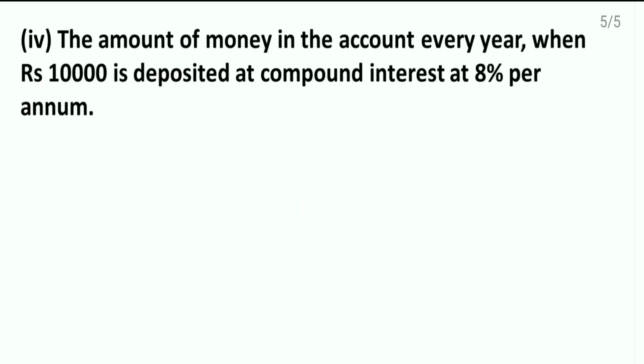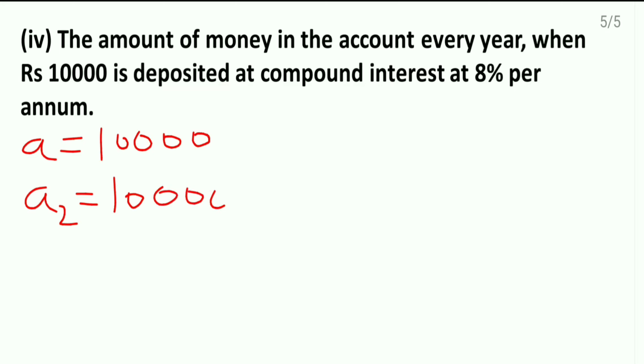The amount of money in the account every year when rupees 10,000 is deposited at compound interest at 8% per annum. In the starting we are having 10,000 rupees. Here 10,000 I am writing here. Right? Now at the end of the year, that means the second term, according to the 8% we will get the interest. So plus here 8% interest on 10,000.